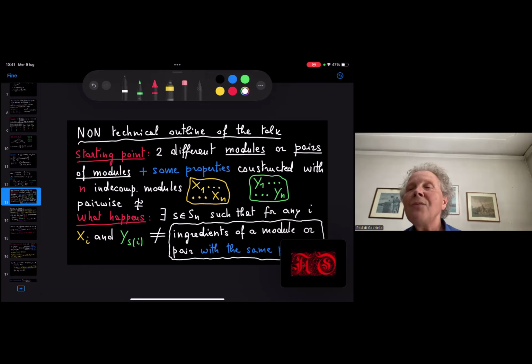The 2 objects, either modules or pairs of modules, will be a tilting object, a very concrete tilting object.